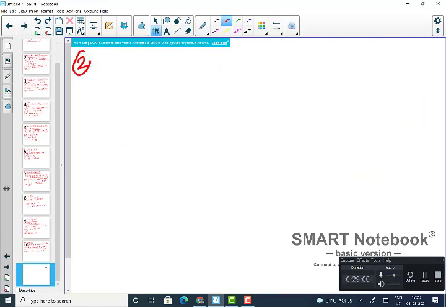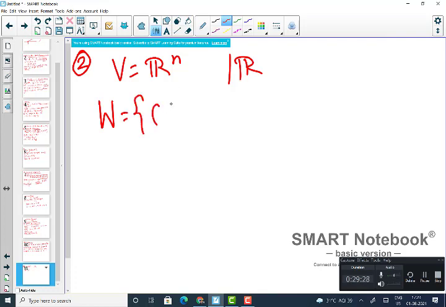Remember, in the first one we have V, which is R power n, and we check that this is a vector space over R, right? Now here you can choose a special subspace, for example the diagonals. So diagonals are what? You can choose elements of these forms, for example, x.